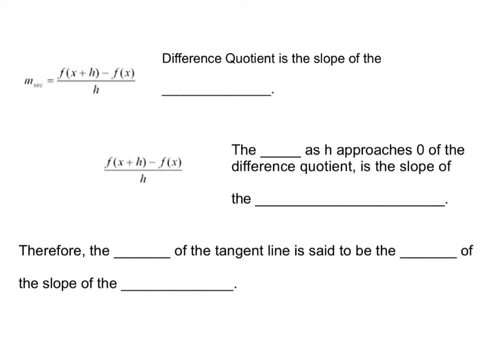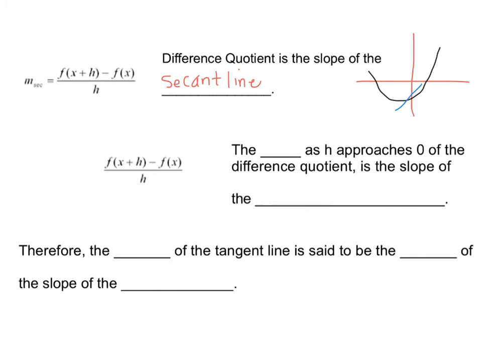So here's a summary page for what we've done. We said here that this difference quotient is the slope of the secant line. But as we make that secant line, you remember this, we have some kind of curve, right?